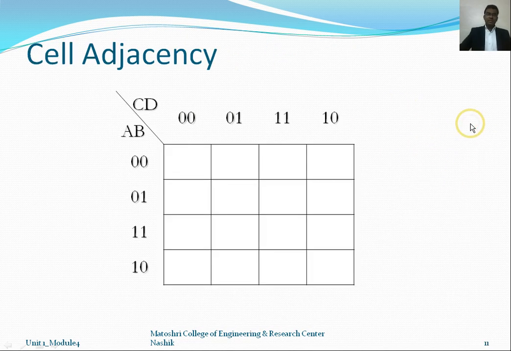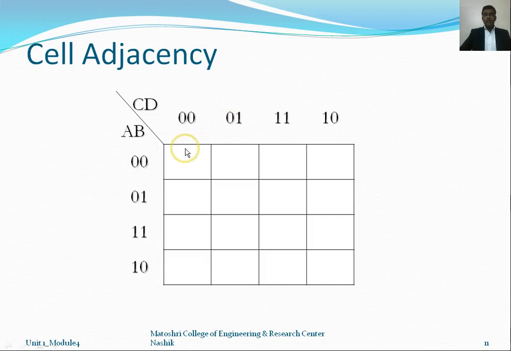Cell adjacency: we have to identify adjacent cells while making groups of ones in case of SOP, and groups of zeros in case of POS. We will see the grouping in detail, but before grouping we have to see which cells are adjacent to each other.